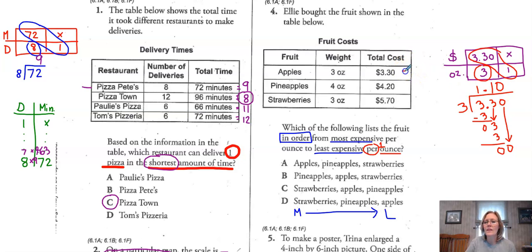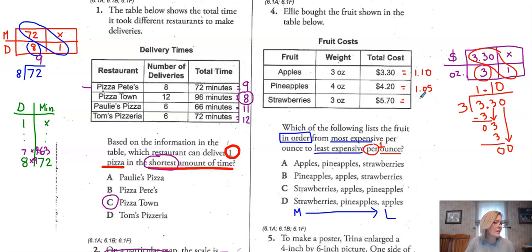So the per ounce for these is $1.10. Now I'm not going to go through all of the dividing, but if I had divided $4.20 by 4, I would have gotten $1.05 here.